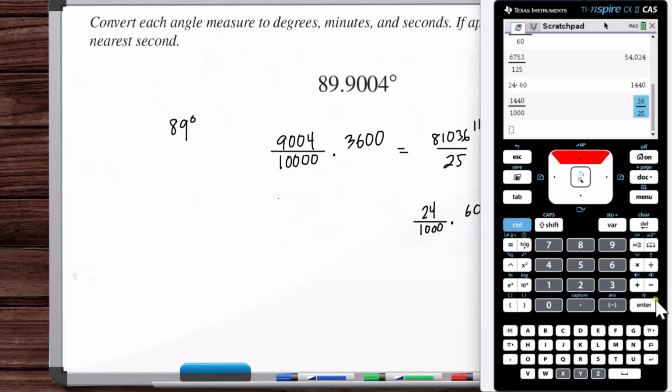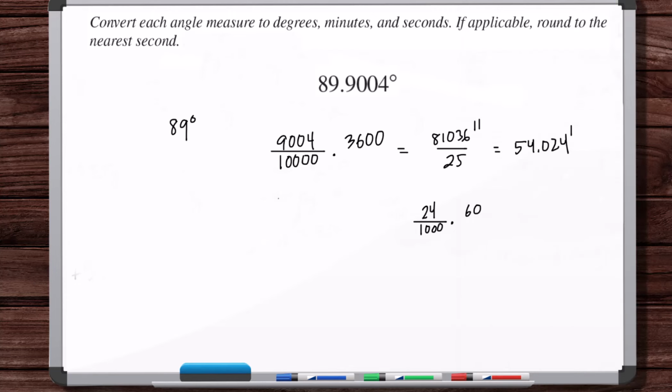That's 1.44. So, okay, this is 54 minutes, 1.44 seconds. That rounds down to 1. So this is going to be approximately 89 degrees, 54 minutes, 1 second.